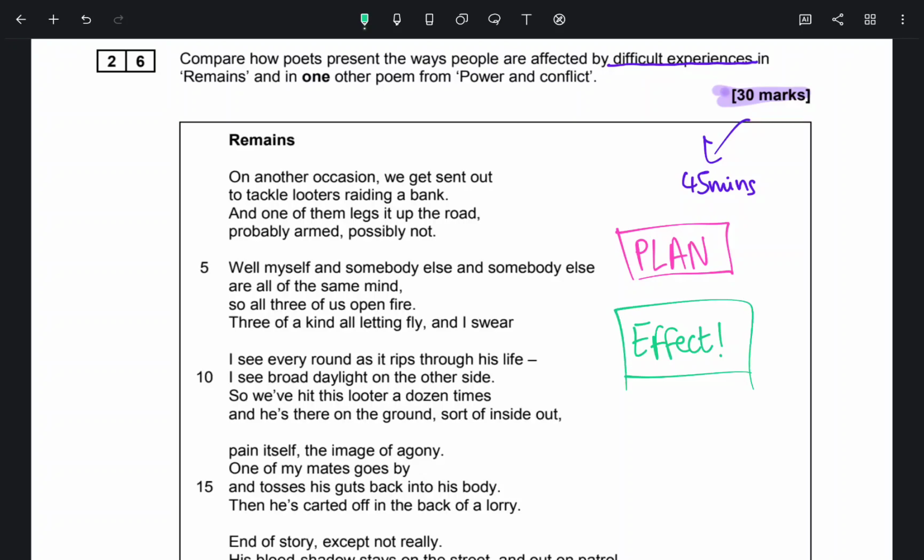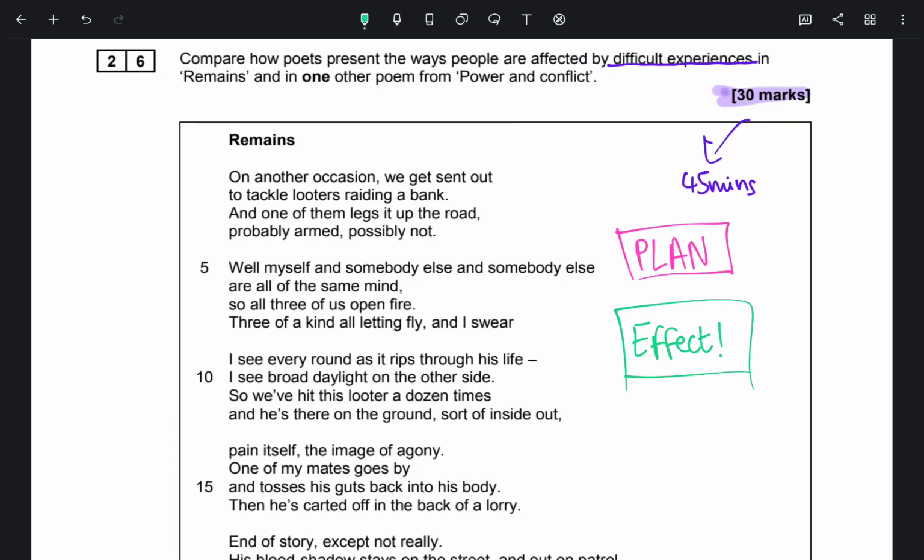That's something that can get you top marks. Also, refer to the speaker of the poem. Don't assume the poet is writing as themselves. And compare: when you compare, use connectives to draw similarities and differences between the poems. And you do have to discuss context as well. Do not give details about the writer's life or give lots of historical background. The context is in the poem for you to discuss.